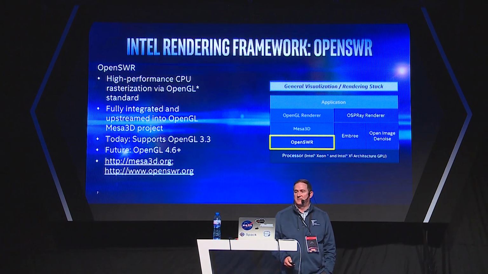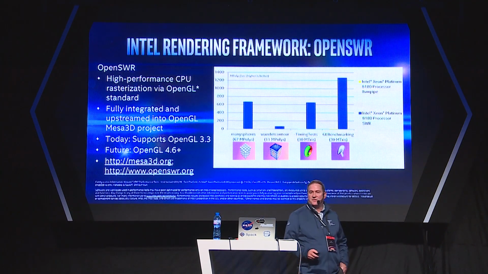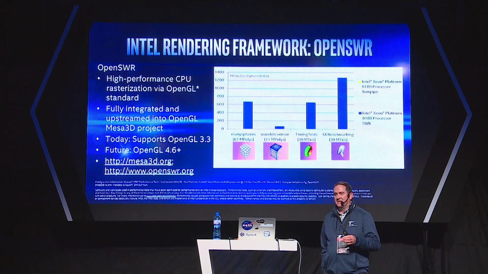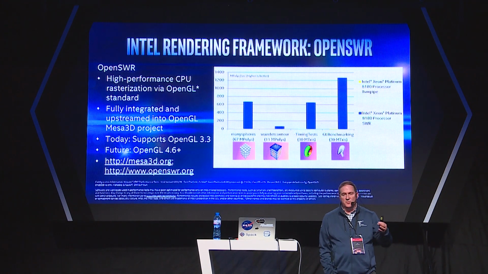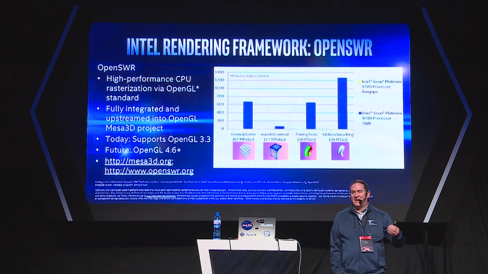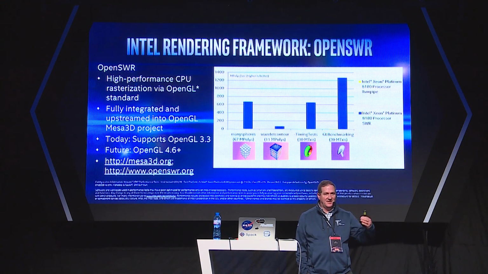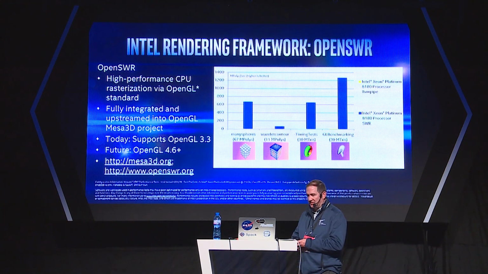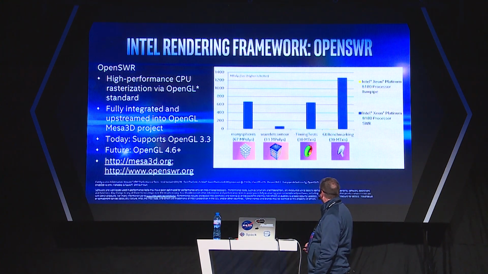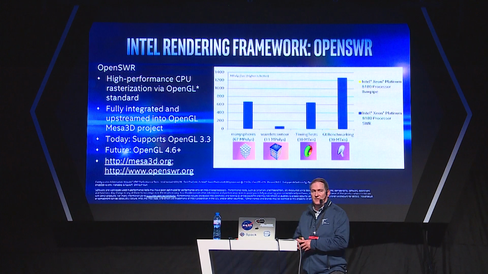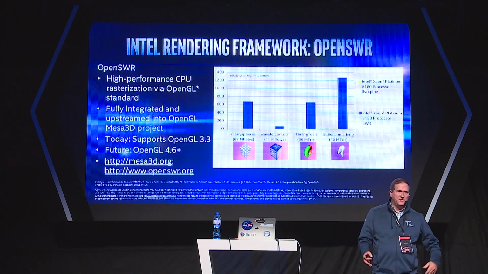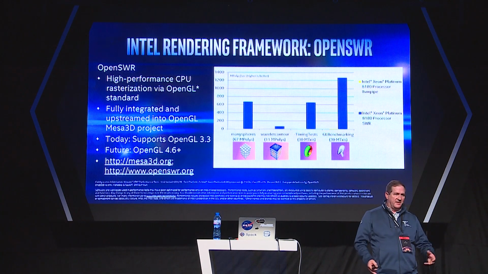So this is an interesting chart, and this really gets at more than just the OpenSWR story here. This is the story about extracting parallelism on CPUs. Again, remember I said CPUs are parallel processors. This little yellow line is something called LLVM pipe. It is the default renderer that comes when you download Mesa and build it and run it.